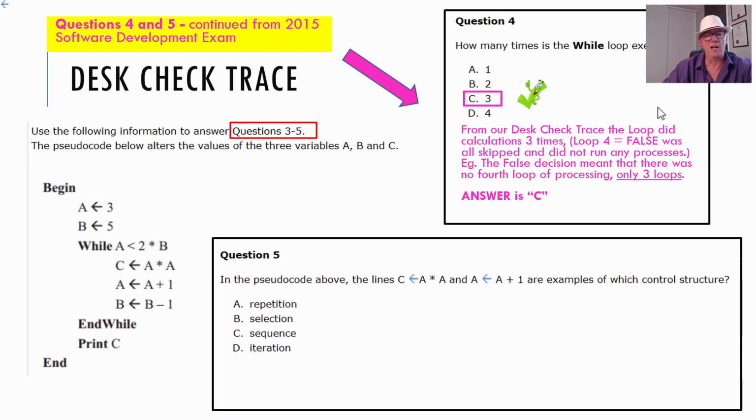Now, question 5, it's saying in the pseudocode above, which is actually here to the side, these 2 lines, these first couple of lines are examples of which sort of control structure. Are they a repetition, a selection, a sequence, or an iteration? So we're talking about these 2 guys here.